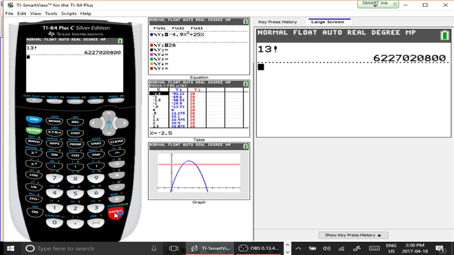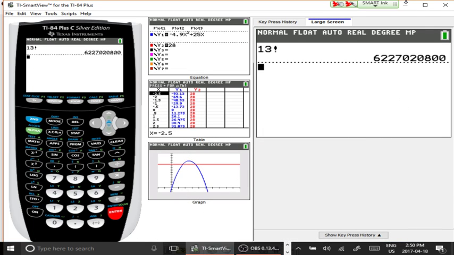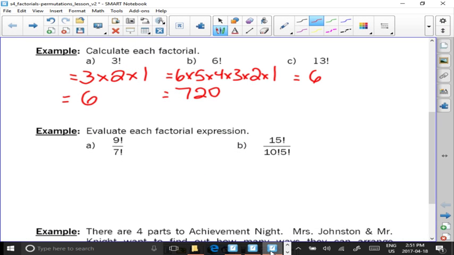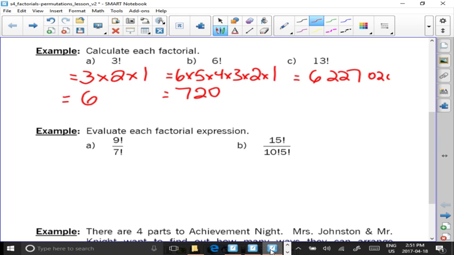6 trillion. Is that 6 trillion? No, it's 6 billion. 6 billion, 227 million, 020,800.